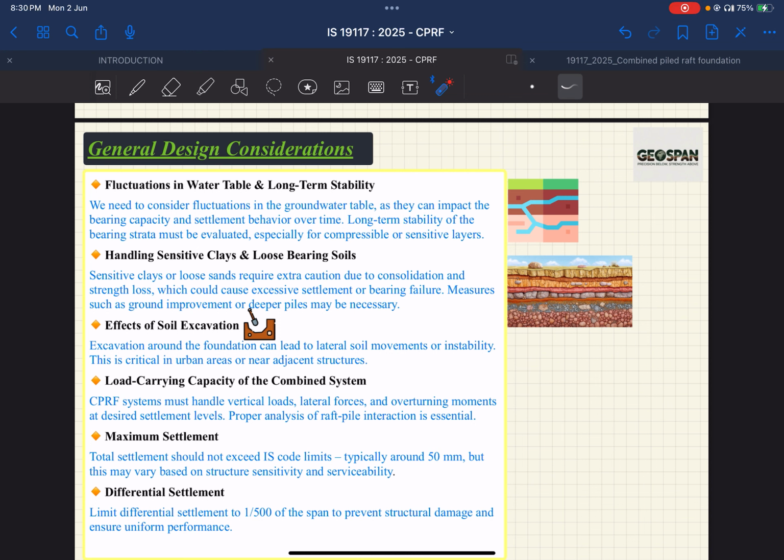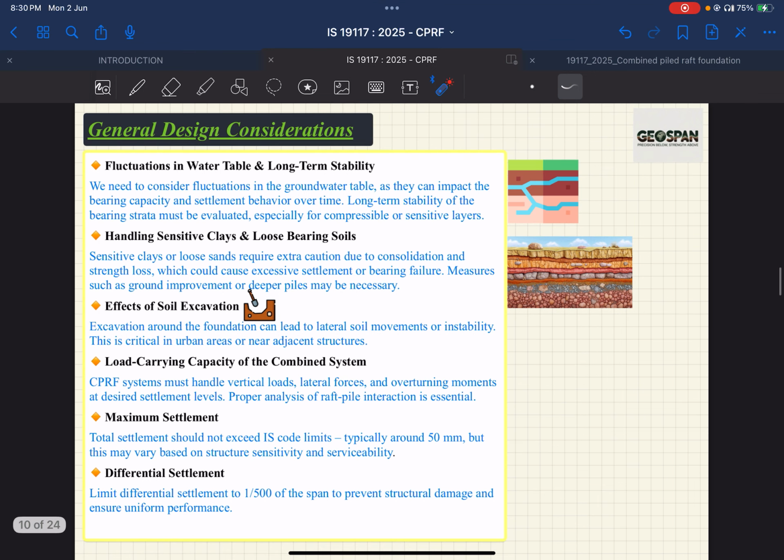So make sure you stick around till the end to get a comprehensive understanding of all the essential aspects of CPRF design.